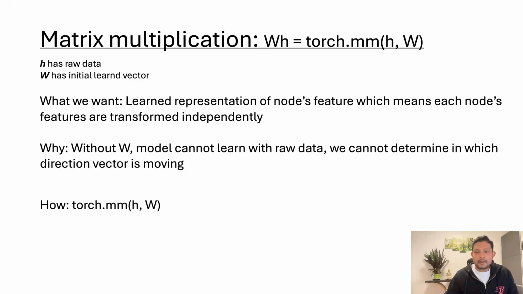Why? Because with raw data there is no non-linearity, and the model cannot learn when the data is linear. And how can we do that? The answer is matrix multiplication.